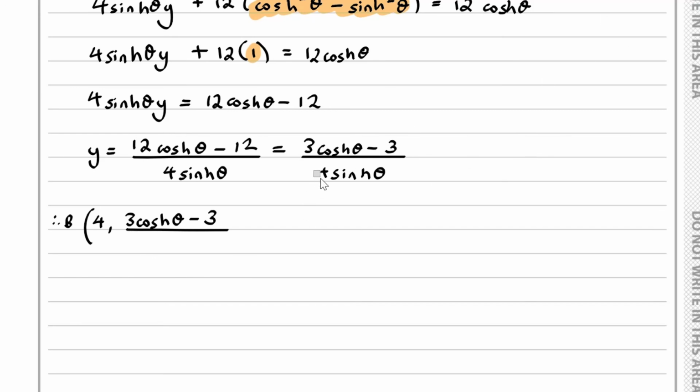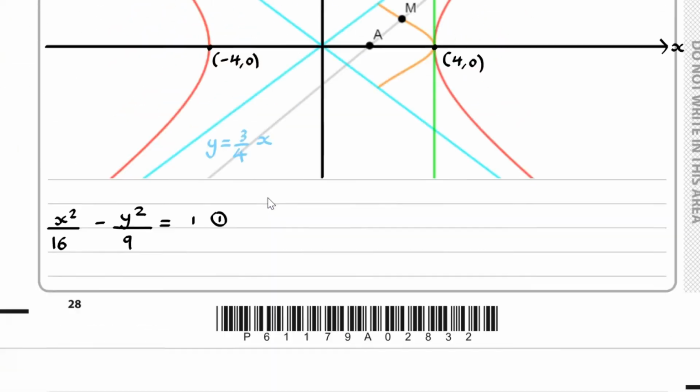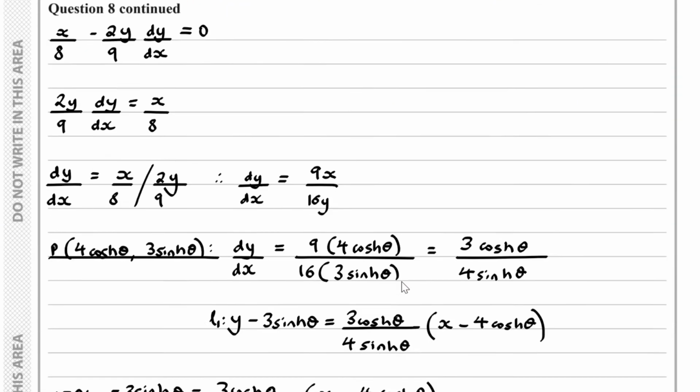Sorry, the 4 doesn't go here. Okay. So knowing the values of the coordinates of A and B, we can state the coordinates of M.